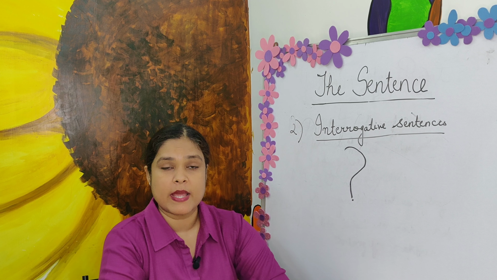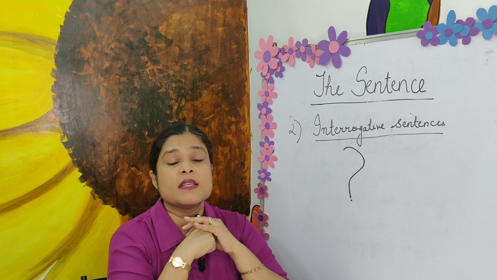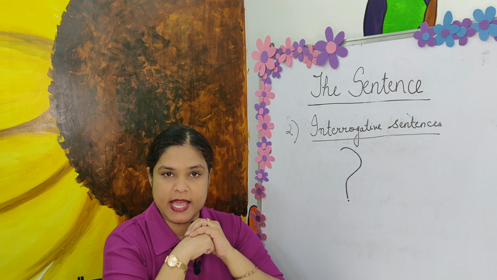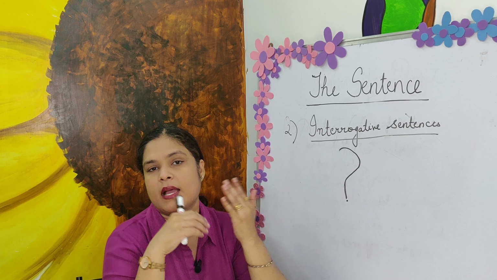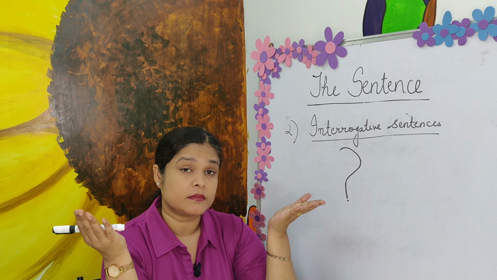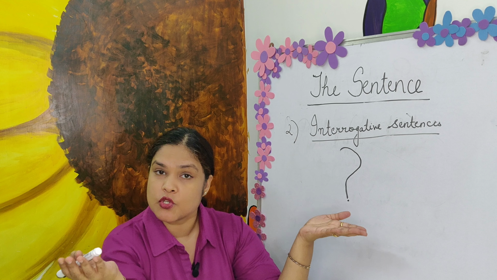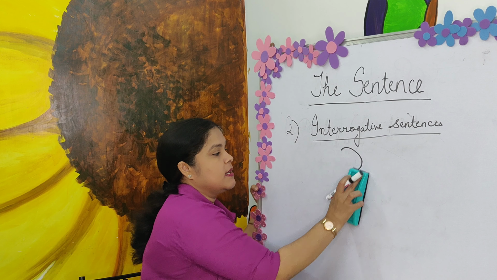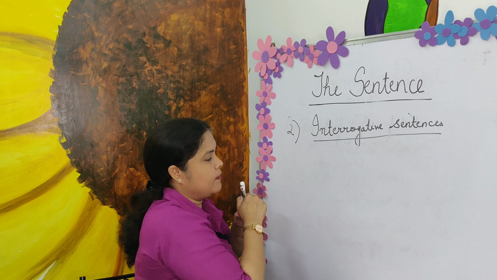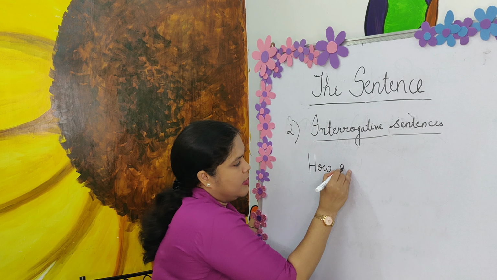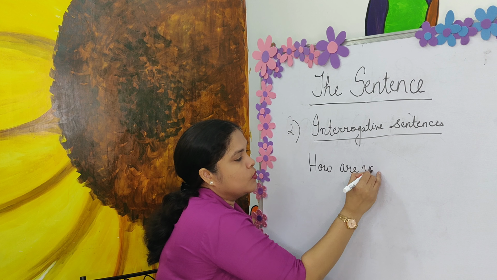Always remember, when you have an interrogative sentence, it is always followed by an answer. For example, how are you? I'm fine. Where do you live? I live in Kolkata. What is your name? My name is Sushmita, right? So if we write these questions, how are you?